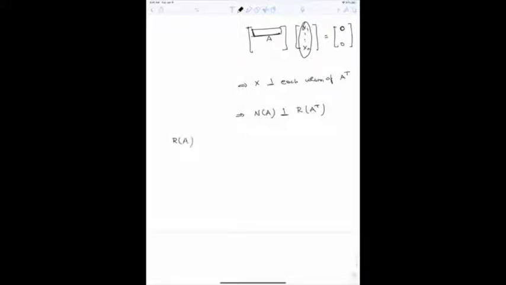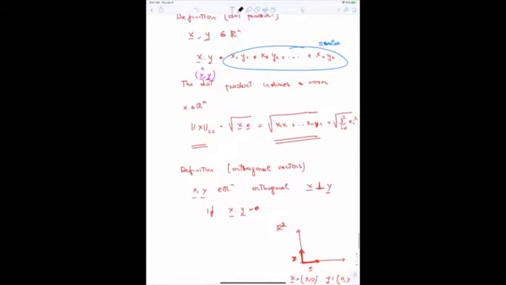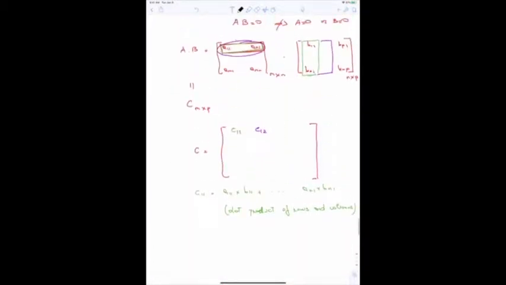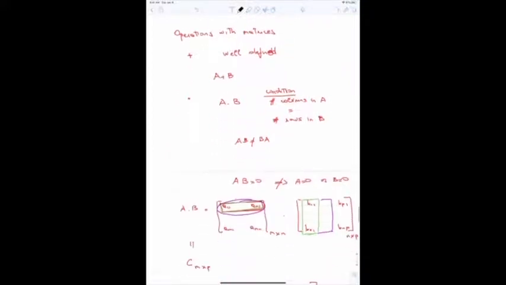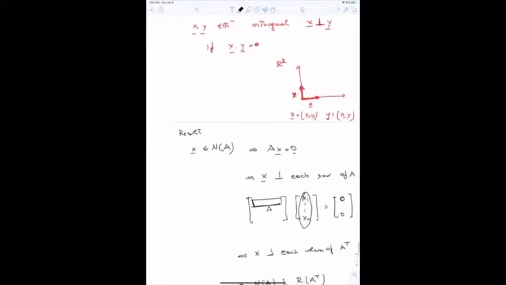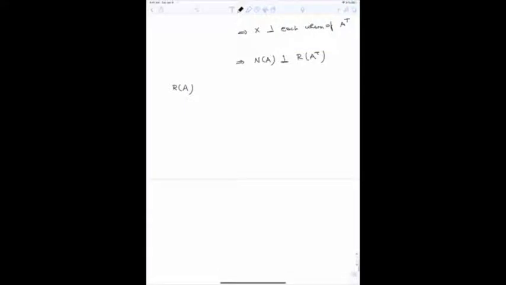Okay, the range of A, I go back to the definition of range, is the space generated by the columns of A. So what that means is that the range of A is the set of elements b in Rm such that there exists an x in Rn such that A times x is equal to b.